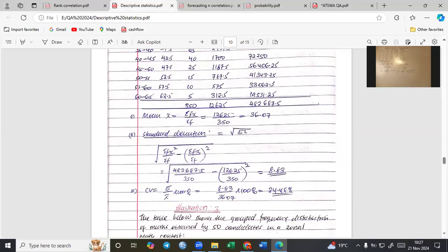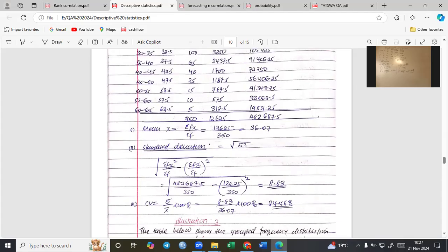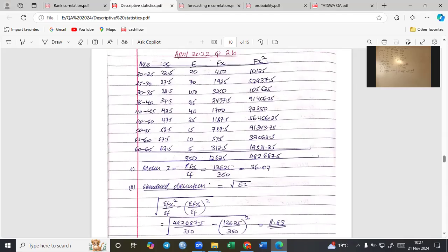Which says that our standard deviation is the square root of summation fx squared over summation of f minus summation of fx over summation of f, as our shortcut method. Then everything you find the square root.